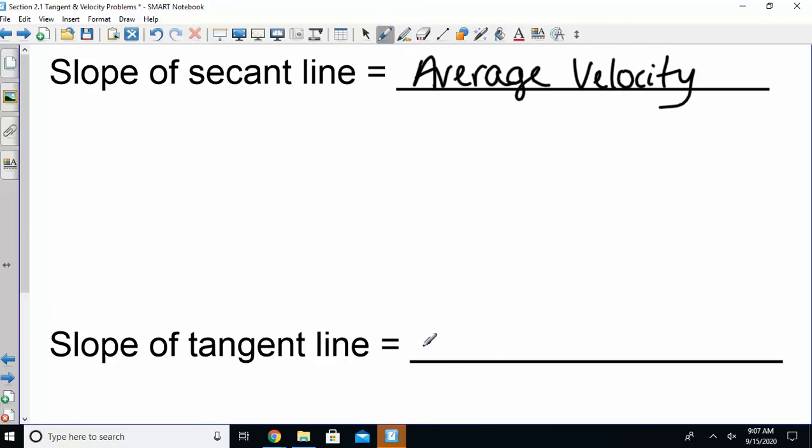It's between two given points. Slope of a tangent line, the thing we're trying to estimate, is the instantaneous velocity. Any questions?